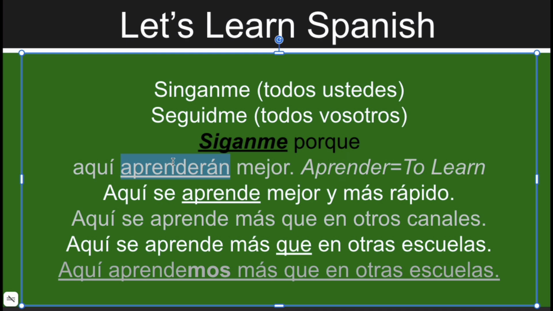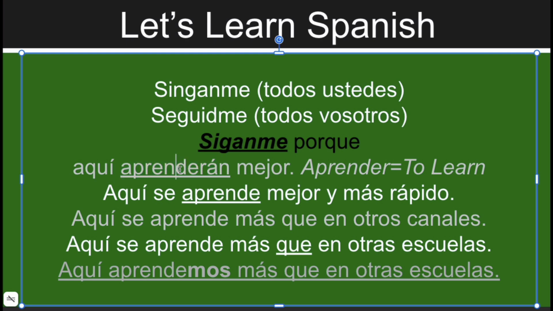Is changed for the future for you guys. Alright, because the verb in Spanish changes for each person and it changes also for the past in several ways and in the future in several ways. So here it's changed in the future for you guys. Aquí aprenderán mejor. Or they. Aquí aprenderán mejor. Ellos aprenderán mejor.